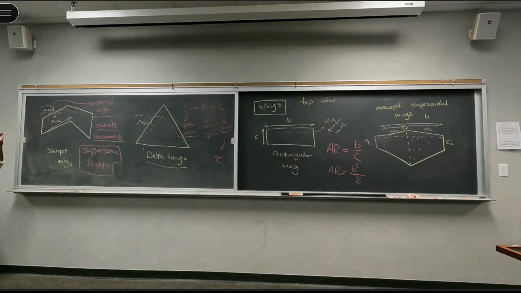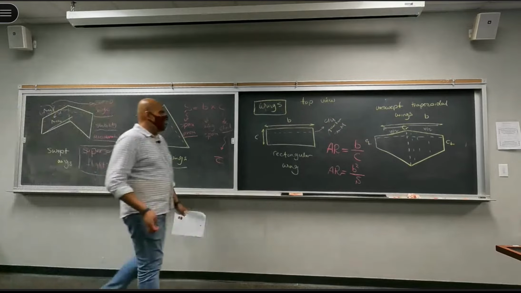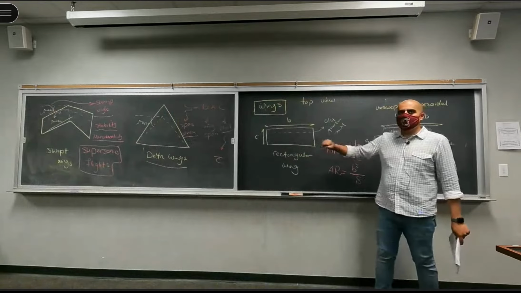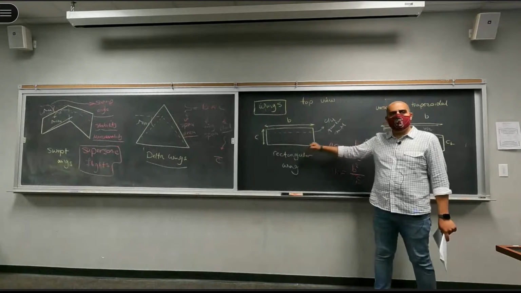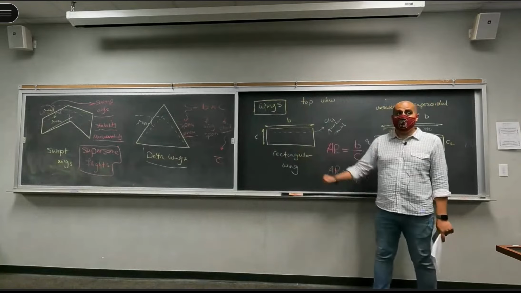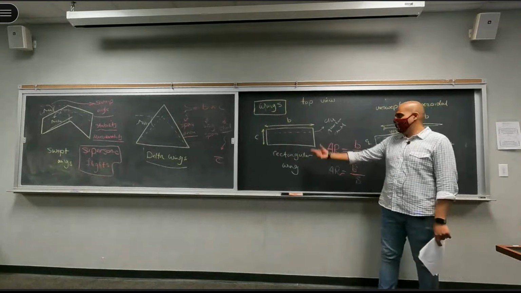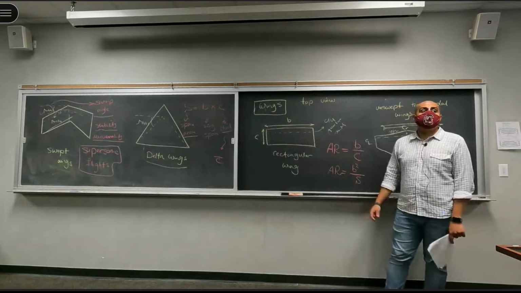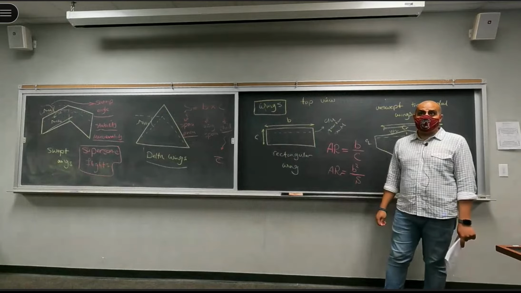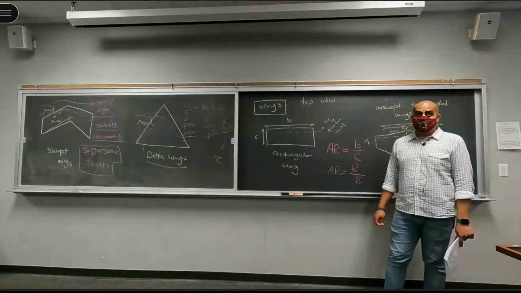Let me back up a little bit. Let's take a look at this. What would be the difference between two wings, one with an aspect ratio of 1, the other with an aspect ratio of 20? When it comes to how they look from the top view, what would be the difference?